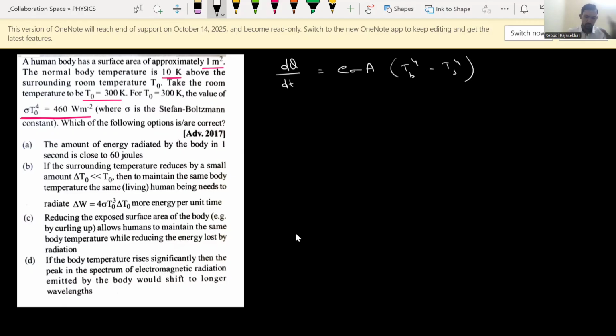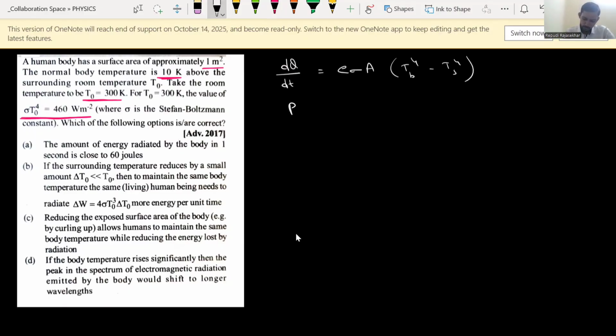Now the change is very small. You can observe that the surrounding room temperature is 300 Kelvin, and the body temperature is 10 Kelvin above the room temperature, meaning the difference is very small, only 10 Kelvin. So I rearrange this data: dq by dt is nothing but power.